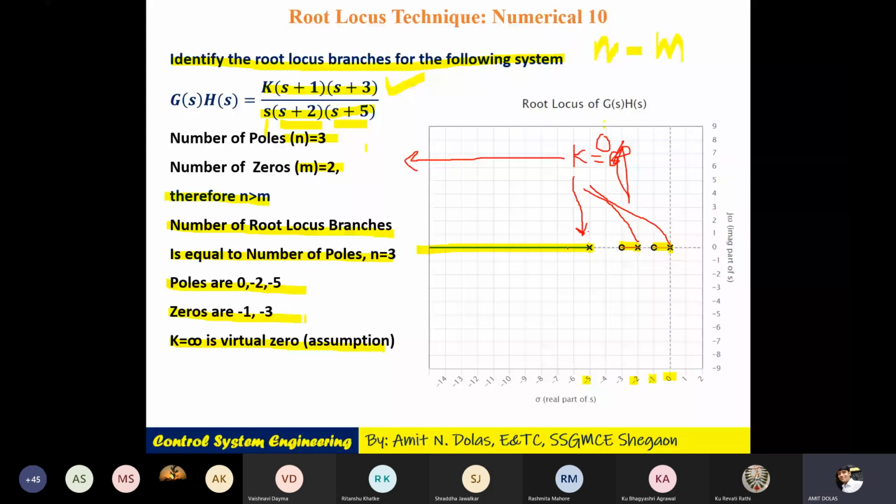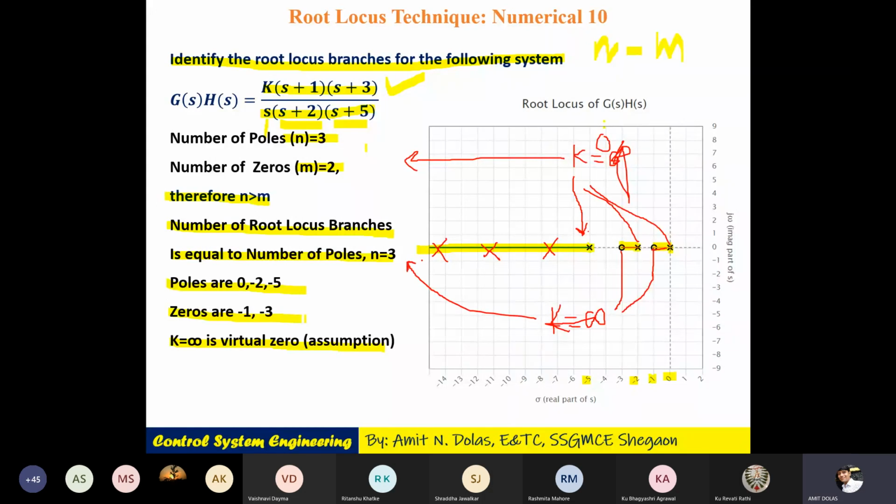What will happen here? It is moving this way, this way. So wherever there are zeros, where your branch has terminated, branch number 1 and branch number 2, here your k value will be infinity. Here also, somewhere here, this will end.